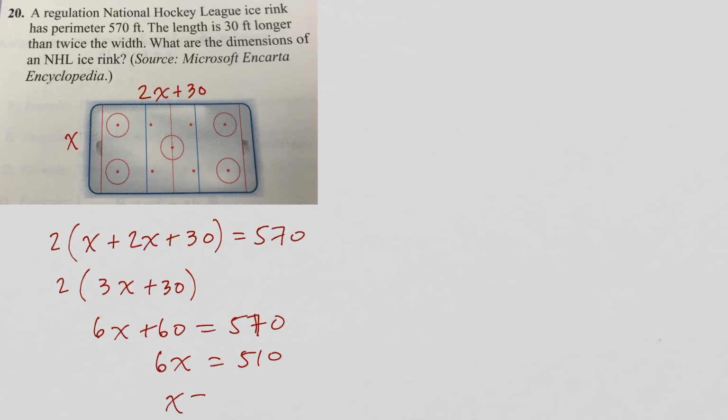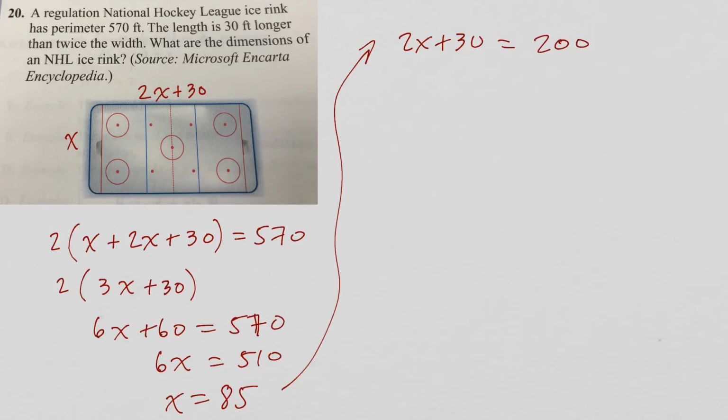So x must be equal to, well, 6 goes into 51 8 times with 3 left over, so 85. And bringing this up here, 2x plus 30 is 2 times 85, 170, plus 30 is 200. So this is an 85 feet by 200 foot ring.